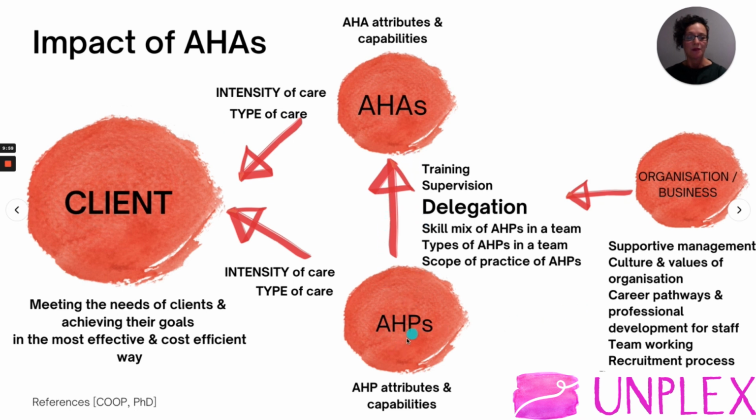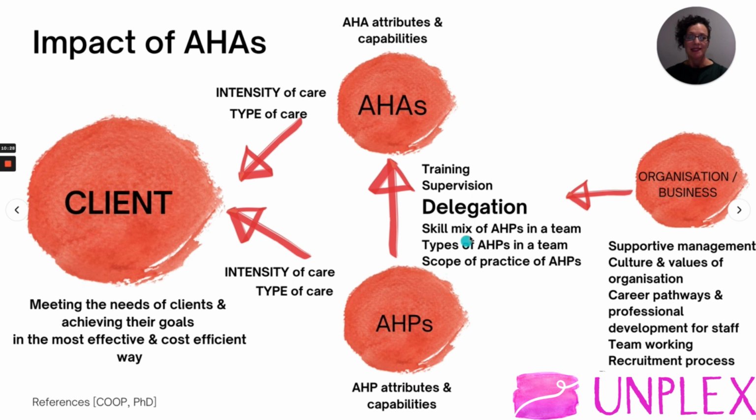If allied health professionals are delegating well, if they're involved in training and supervision, if there's a good skill mix of AHPs in the team, that there's a different number and type of allied health professionals in the team, and that the scope of practice of an allied health assistant is determined by the allied health professional, and that both work to their full scope of practice.